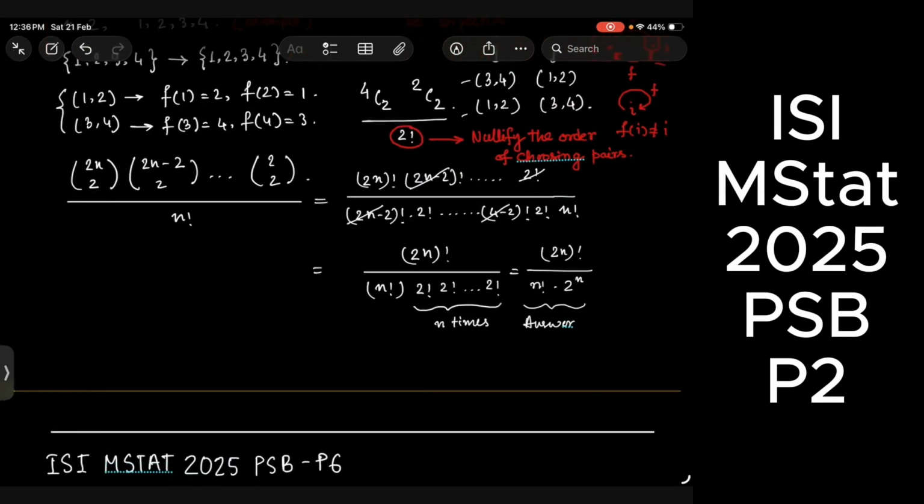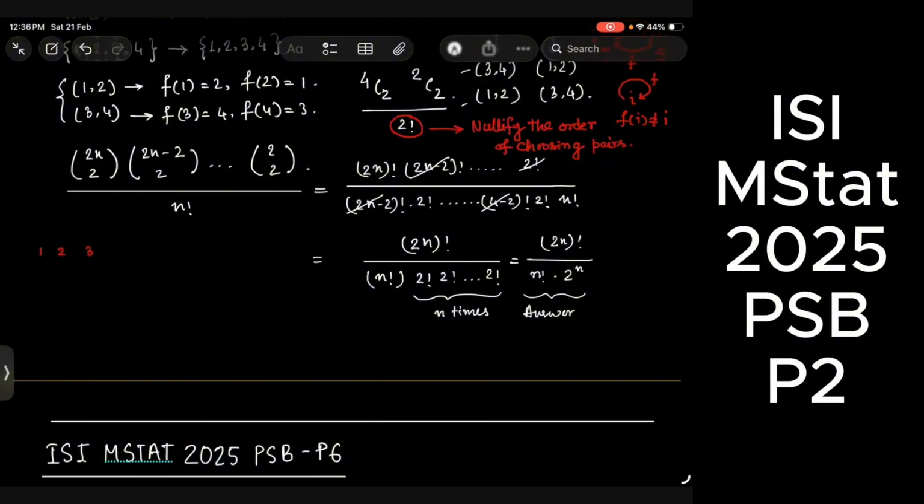So from 4, you are choosing 1 2 first and then 3 4. Or you can choose 3 4 first and then 1 2 in the second way. So these two things are similar. So you have two such pairs, and this is the occurrence of the pairs.